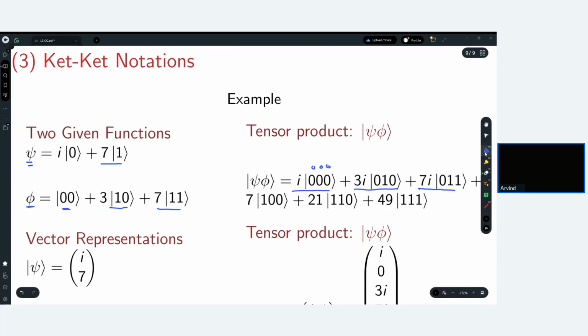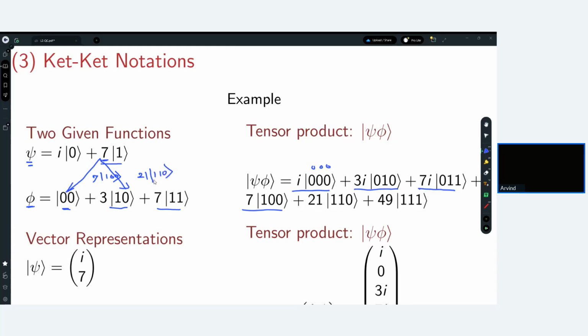Now let us take the second element 7 and multiply it with each and every element of the second function. So 7 times ket 100, because this is 7 and 1 from the first function, 00 from the second function. Now if we multiply 7 ket 1 with the second element, I will get 21. 7 multiplied by 3 is 21, plus ket 1 from the first and 10 from the second.